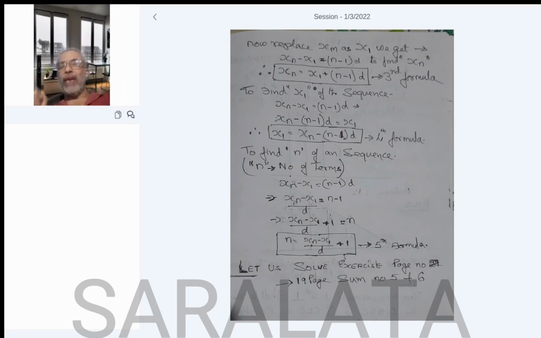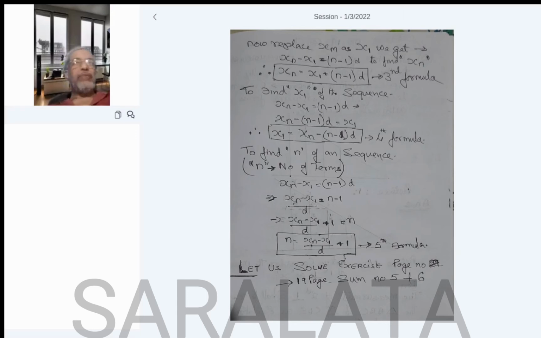the formula for us is xn is equal to x1 plus (n minus 1) into d, or xn is equal to xm plus (n minus m) into d, where xm is whatever sequence term we have got, and n minus m is the position difference.